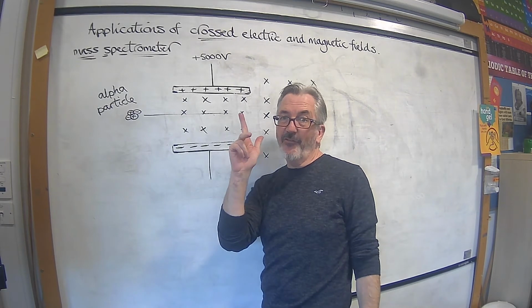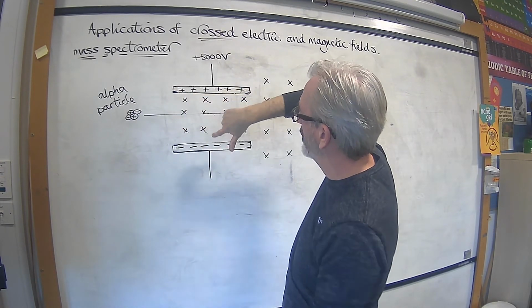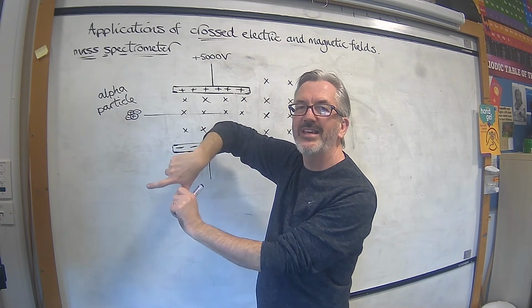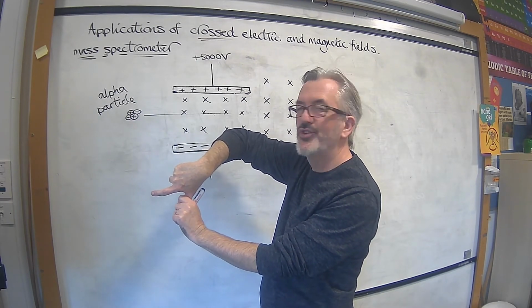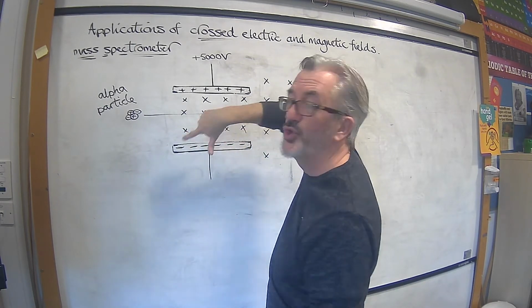But the magnetic field, right hand rule, force going into the board, moving from left to right, my thumb's pointing down the way, but the right hand rule applies to a negative charge. That would be the force on a negative charge in a magnetic field. Force on an electron.